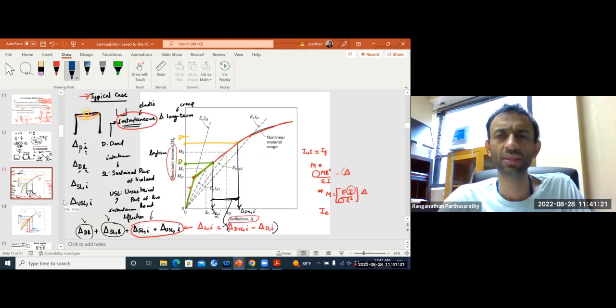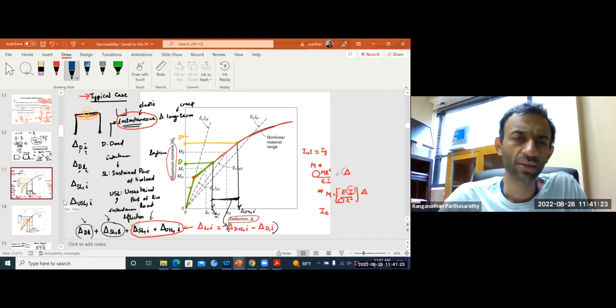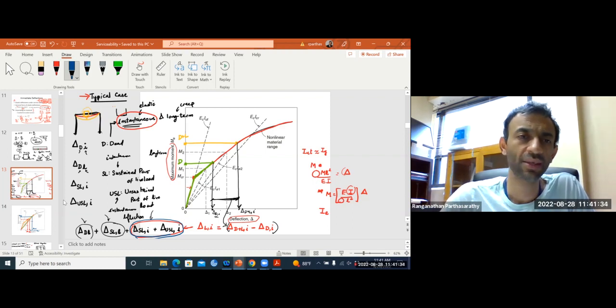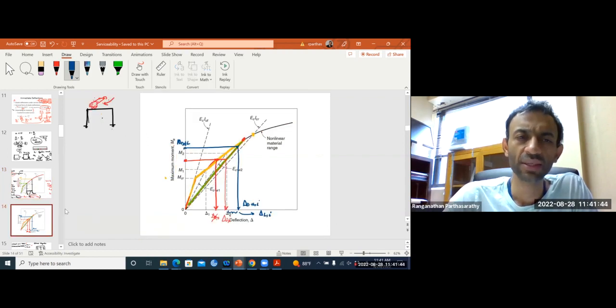So you can see that the instantaneous deflection due to dead load is a function of the loading history. You have to be careful about what loads the structure saw in its history, and calculate the deflections accordingly.